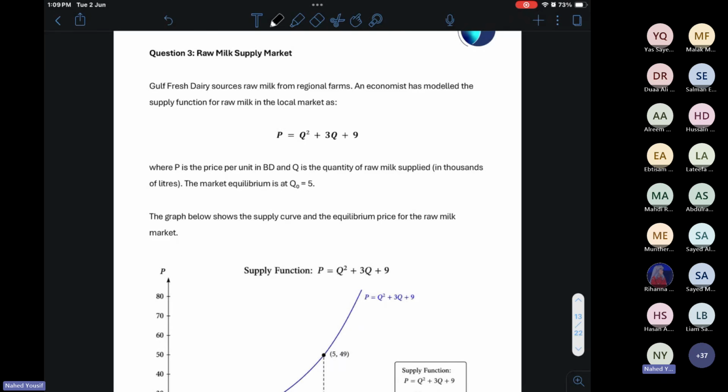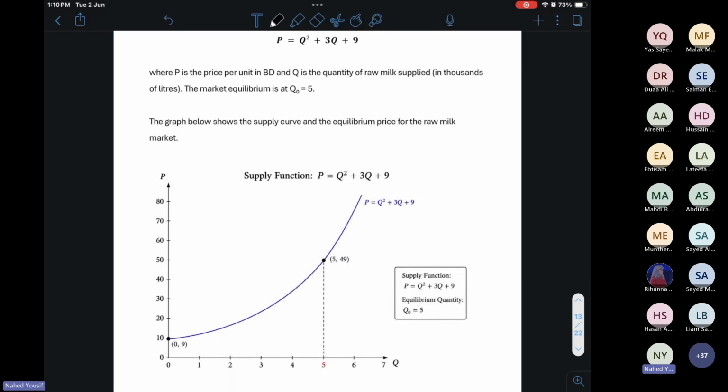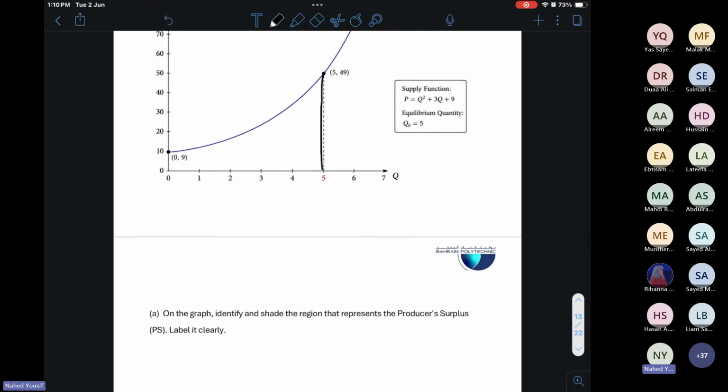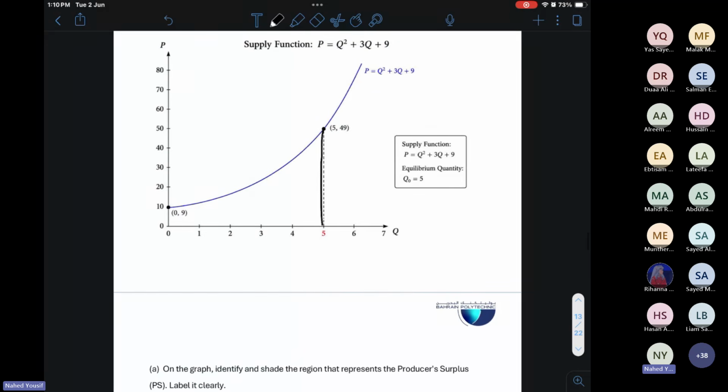So we know that Q naught equal to 5 is the equilibrium point, and they provide us this graph. This is the function, and within the equilibrium point. What they are asking on the graph is to represent the producer surplus, PS.